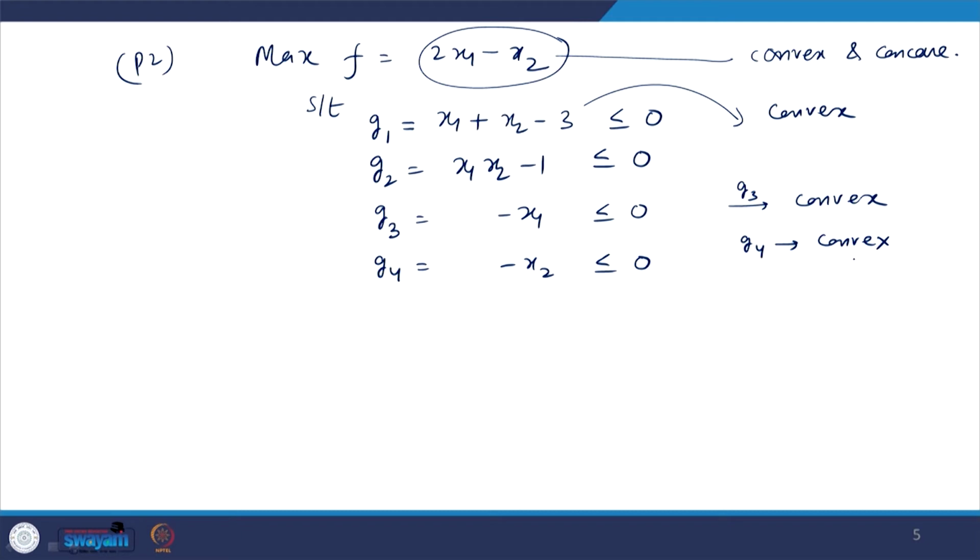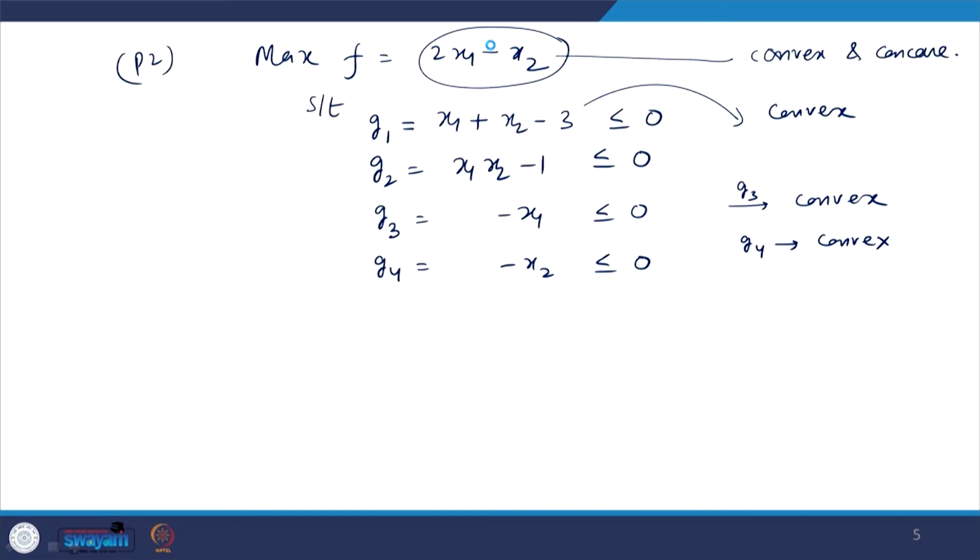Now, we need to check only G2. Let us see whether G2 is convex or not. If it is convex, then it will be a convex programming problem, otherwise it will not be a convex programming problem. So, what is G2? G2 is x1 x2 minus 1.